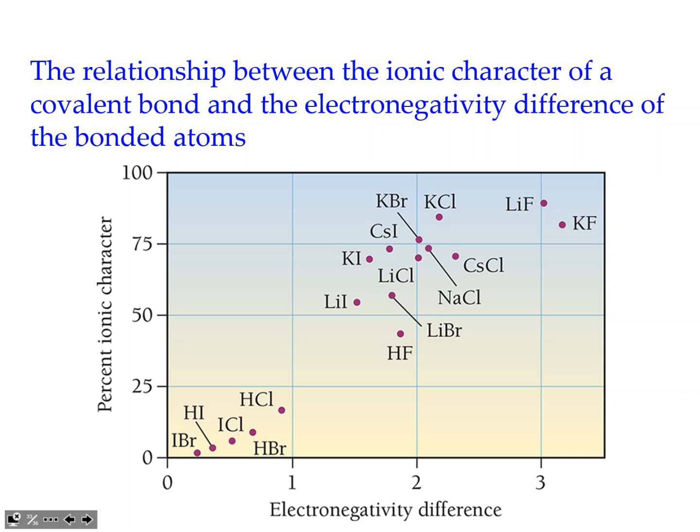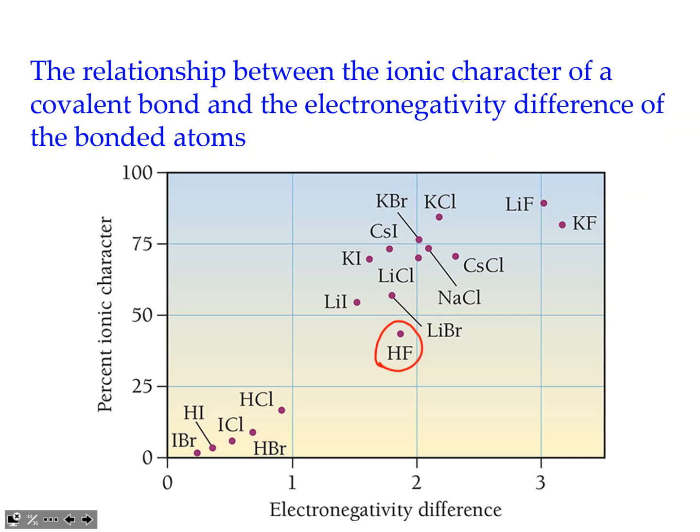All right, so let's talk about some of the gray areas here. We know H to F, H to O, and H to N create very large electronegativity differences, because those are the 3 that are able to do hydrogen bonding in their IMFs, and that's because they have huge electronegativity differences. So if you look here, you see HF. It's kind of out of place.